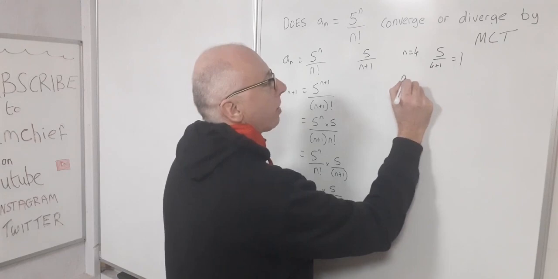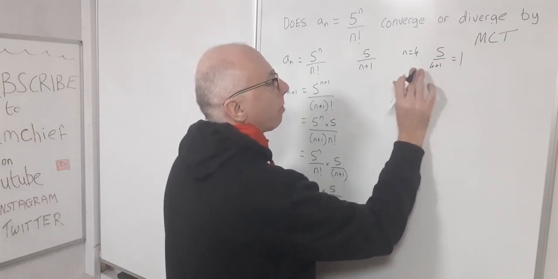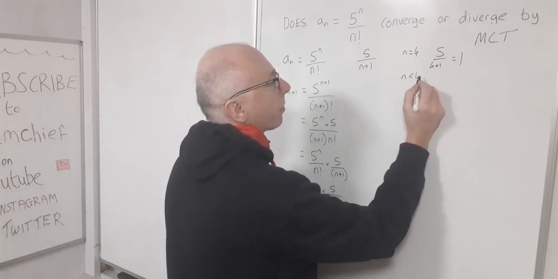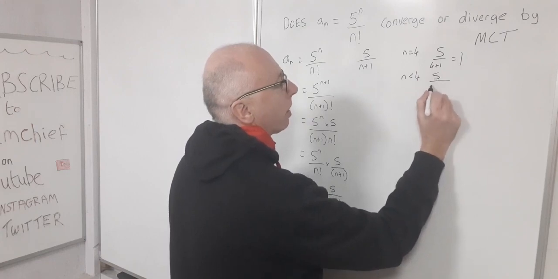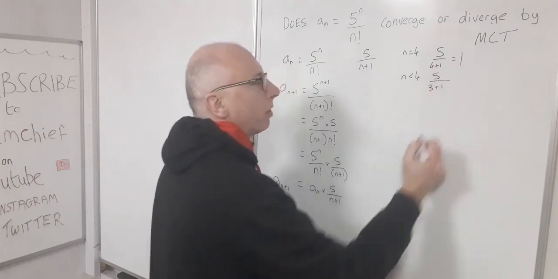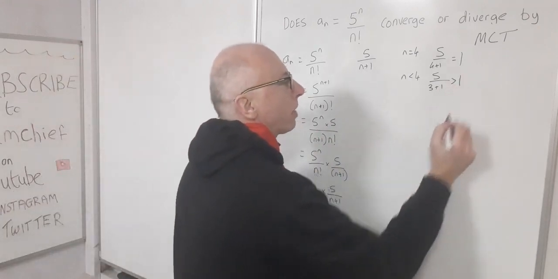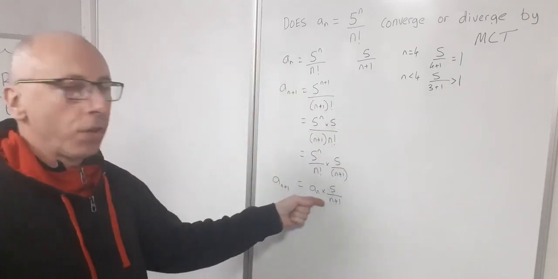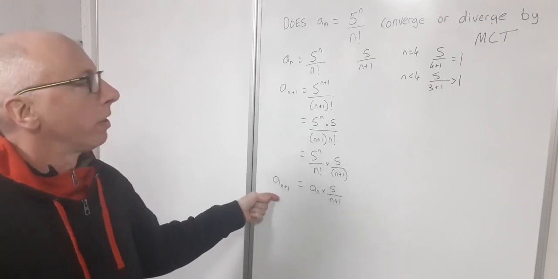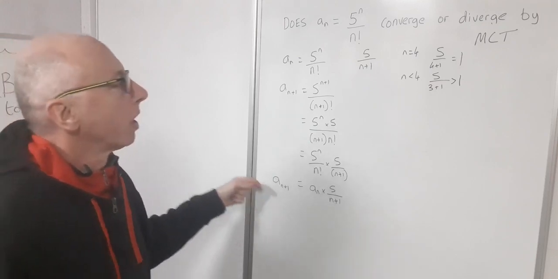So for n less than 4, let's say for example 5 over 3 plus 1, in which case this would be greater than 1 and would increase our sequence.